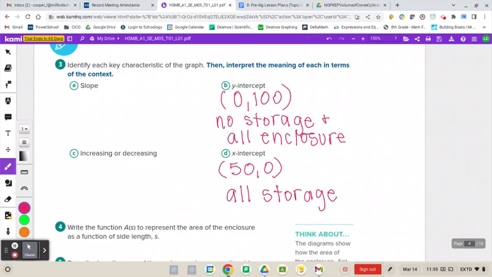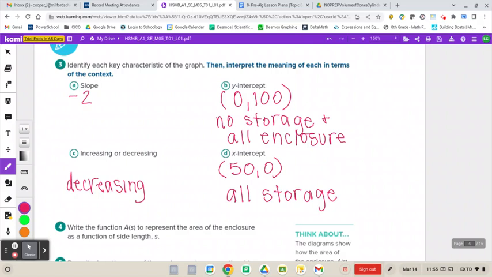Increasing or decreasing? Obviously, it's decreasing. The slope is -2, correct? What in the world does that mean? It goes down by 2. But what does that mean in the world of storage length and enclosure length?